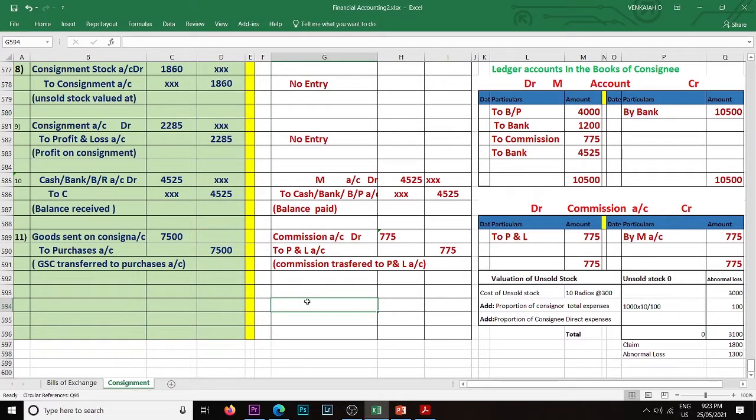Okay. So for that also we have to pass one entry. Insurance claim account debit, abnormal loss account debit, to consignment account.